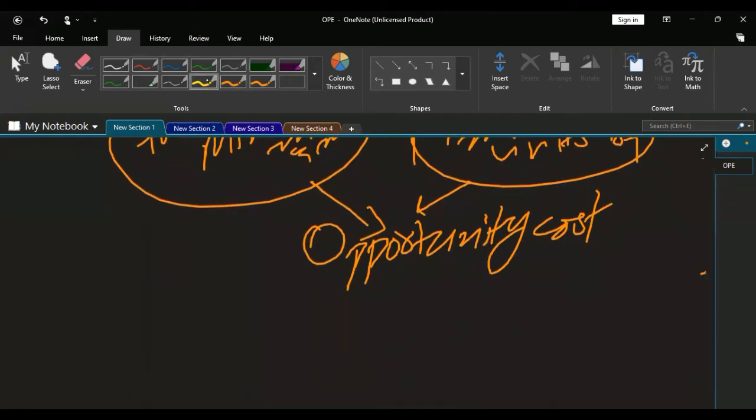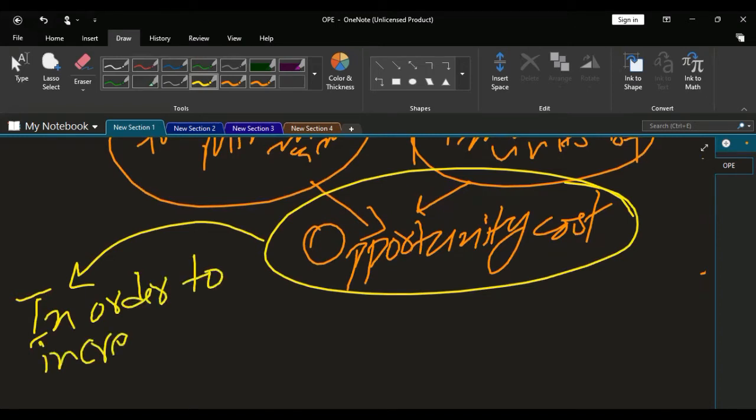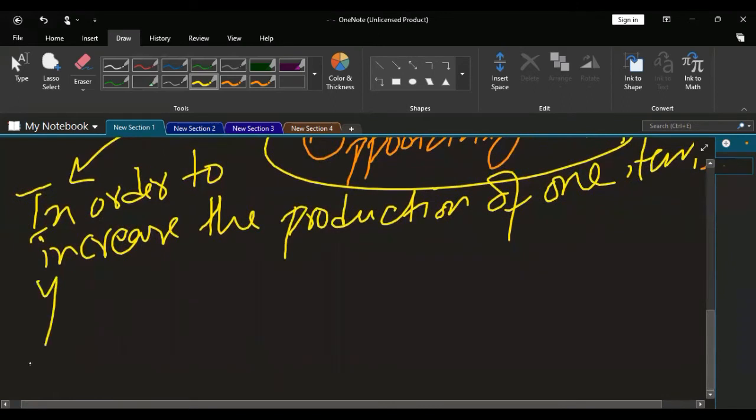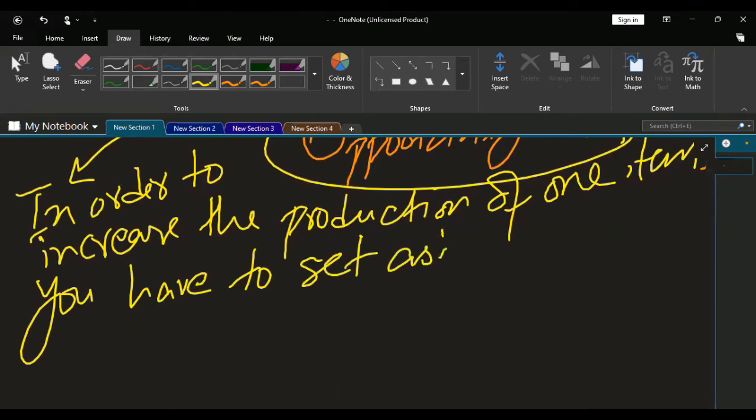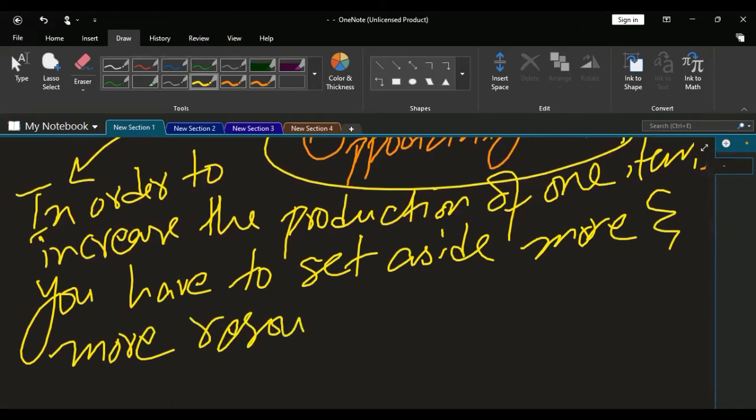What is it? The concept of opportunity cost teaches us that in order to increase the production of one item, you have to set aside more and more resources from other goods.